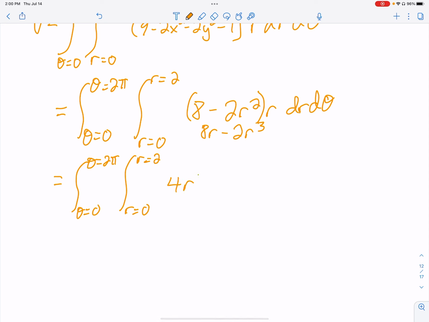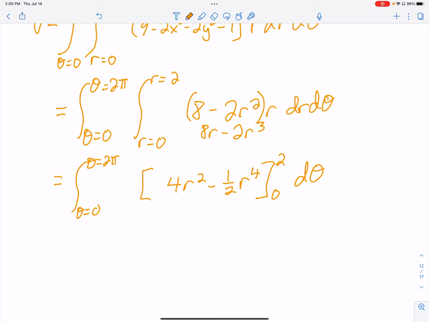So 8r becomes 4r squared, minus, the r cubed goes up by 1, divided by the new one, I get 1/2 r to the 4th. We're running this from 0 to 2, d theta.